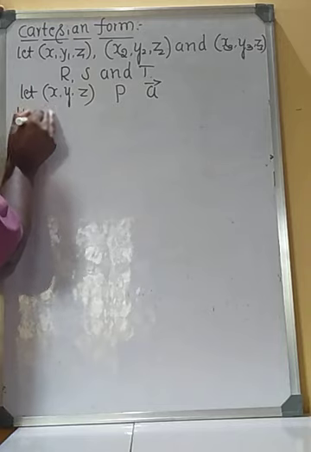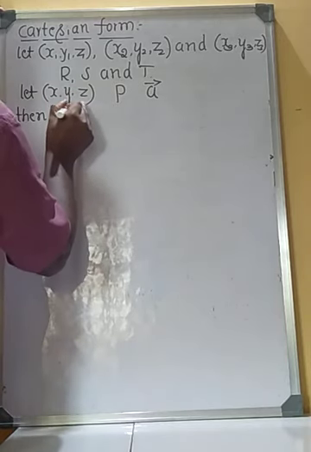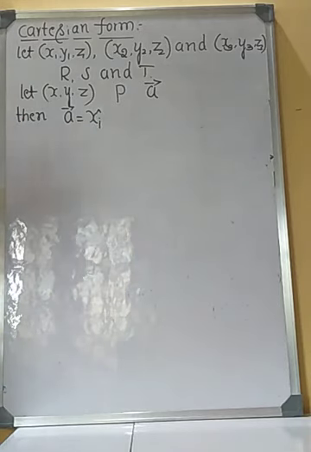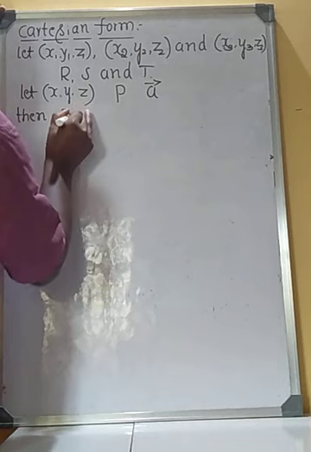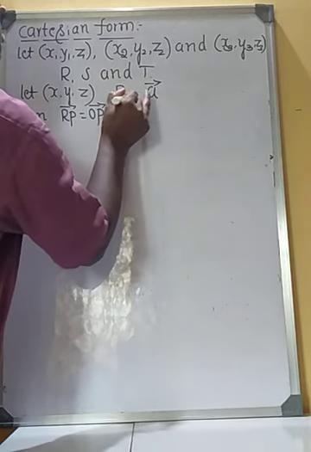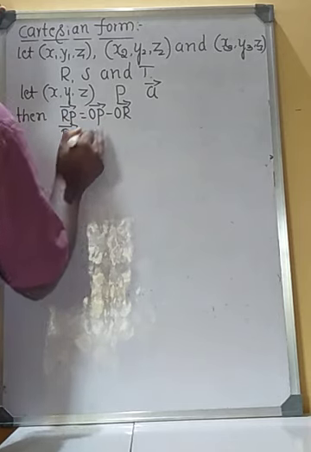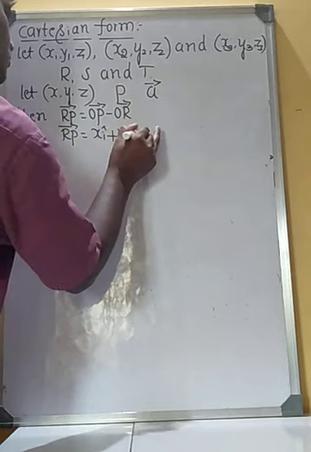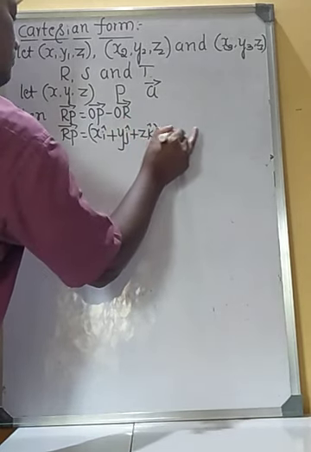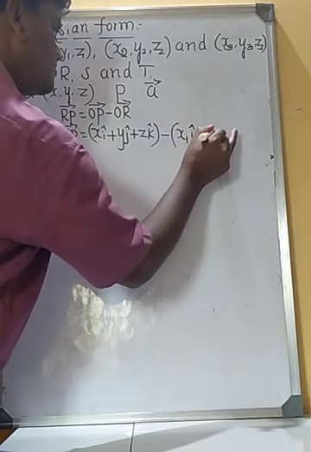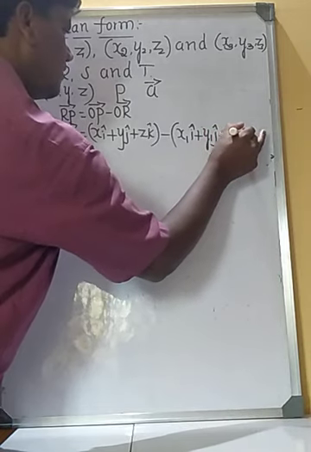Then r vector is equal to, that is, RP vector. Then RP vector is equal to OP minus OR, that is RP vector is equal to OP, xi plus yj plus zk, minus OR, x1 i plus y1 j plus z1 k.